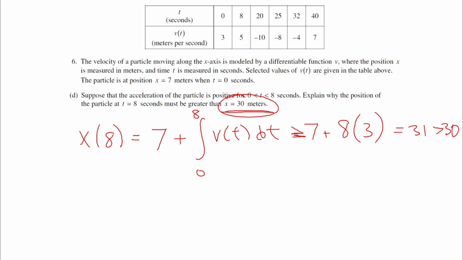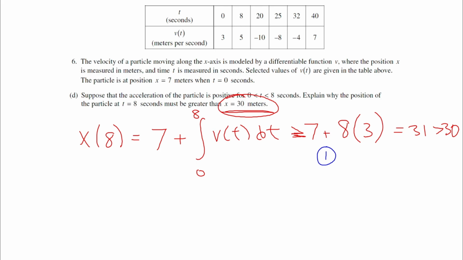And so we got a point here for our explanation. And they say you get a point for saying that v prime of t is a of t. We didn't really say that here.